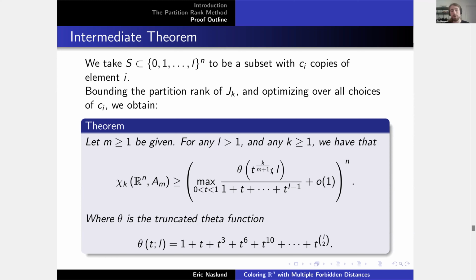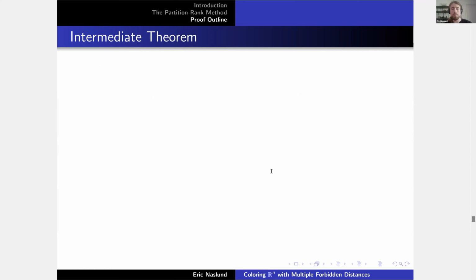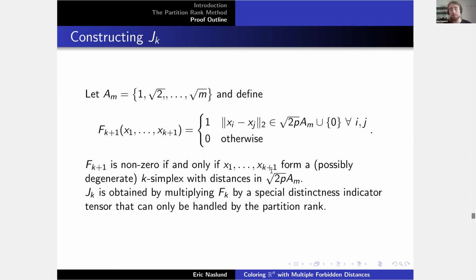There are some elements of this optimization that are a little bit messy, but the key thing to note is how we bound the partition rank of JK. The important thing is this function fk plus 1 can be written as a product.